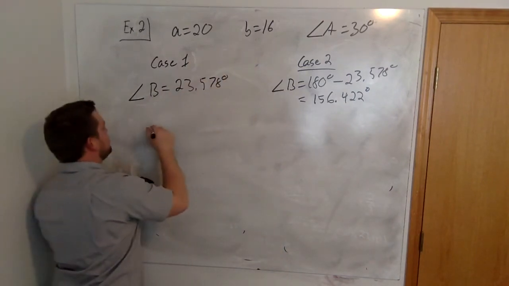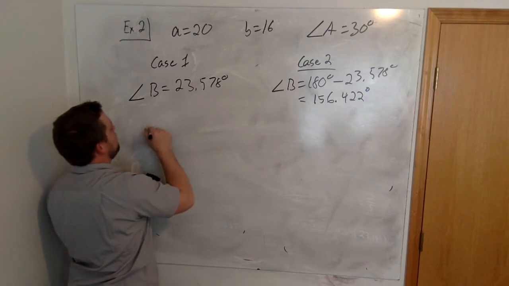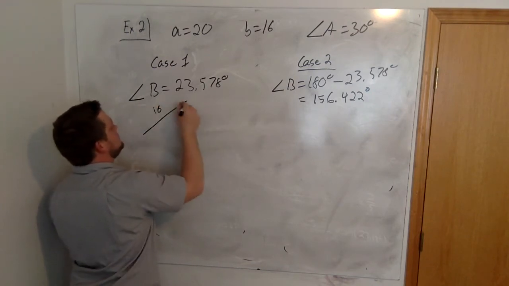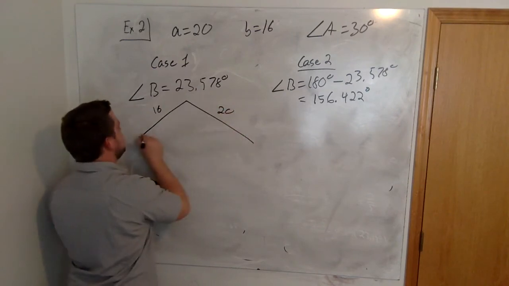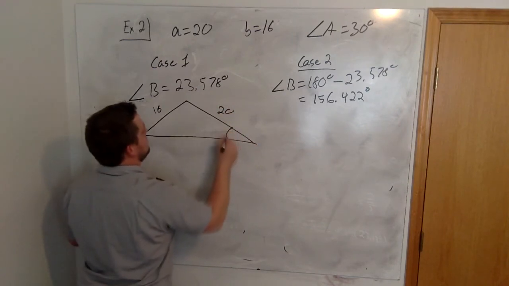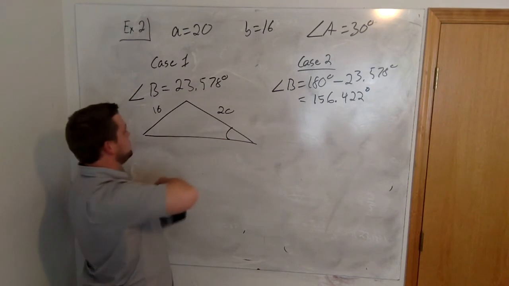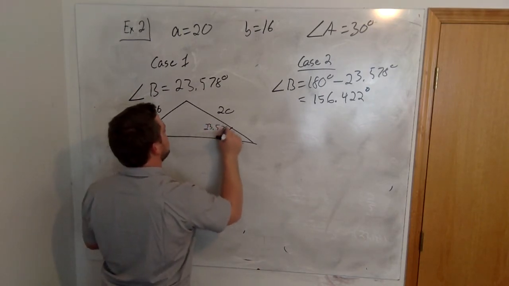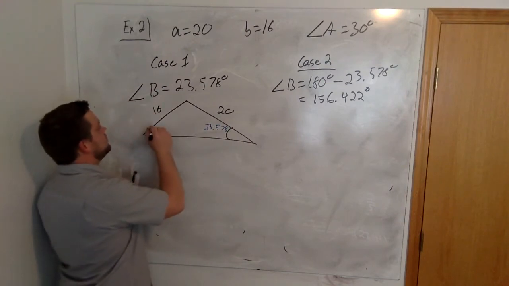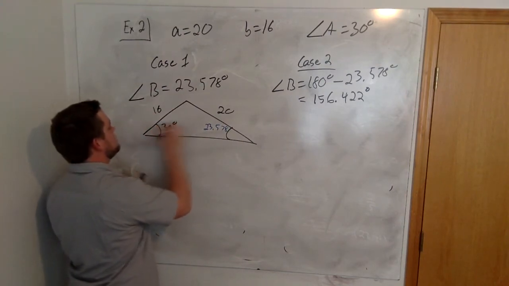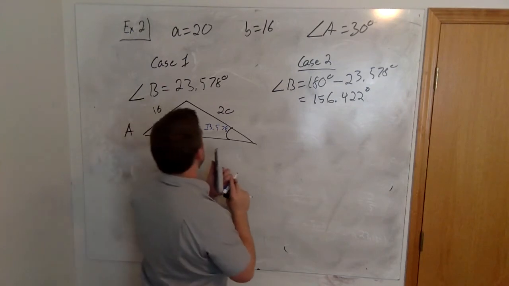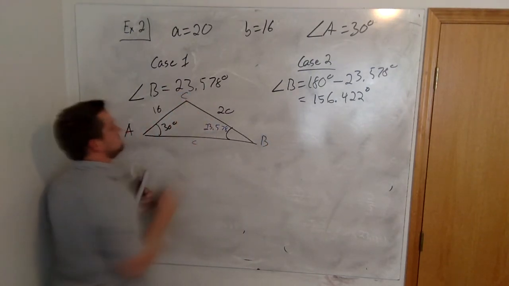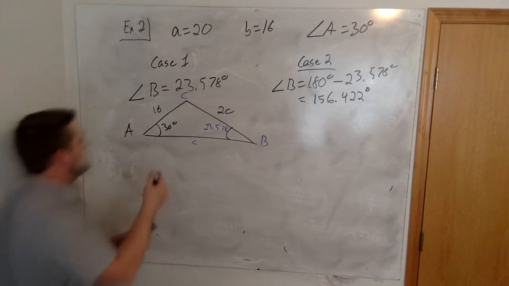So for case 1, let's draw the triangle. This side was 16. This was 20. We're saying that this angle here is 23.578. We know that this angle here is 30 degrees. This is B. And we don't know C or side length C. So let's figure out what angle C would be here.